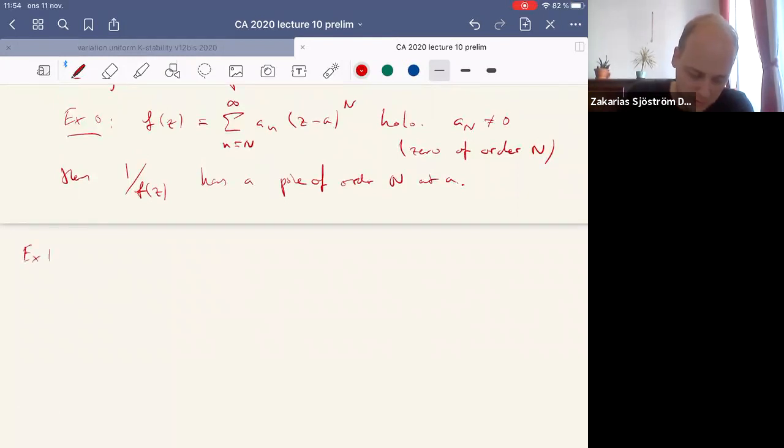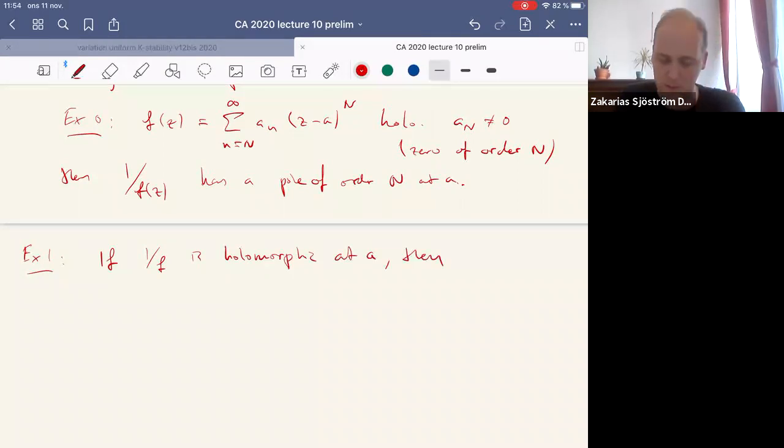Now, let us continue in a similar way. So let us assume that 1 over f is analytic, holomorphic, at a. Then what can we say about the singular behavior of f?